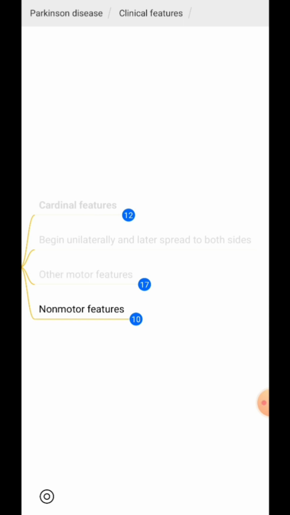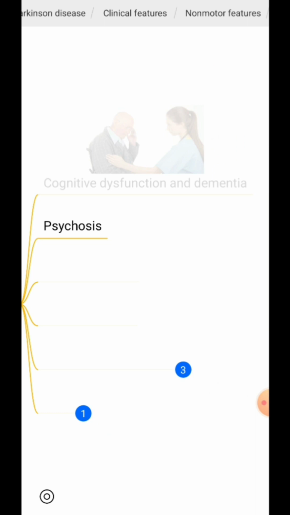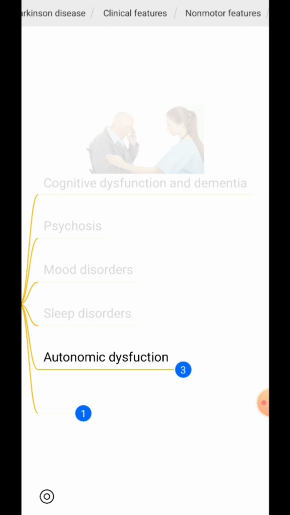And also there are non-motor features. What are the non-motor features? The first one is cognitive impairment and dementia. The patient may have memory disturbances. And next, psychosis and mood disorders like depression. And sleep disorders. The patient may have sleep disturbances.